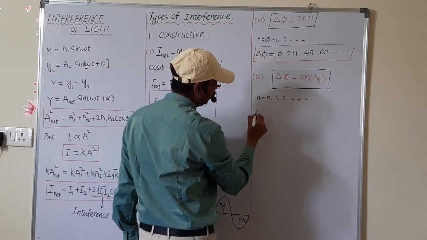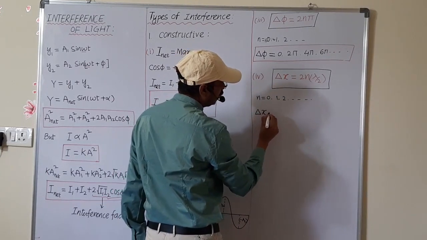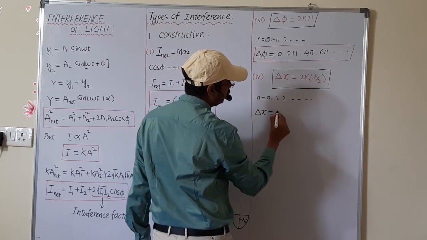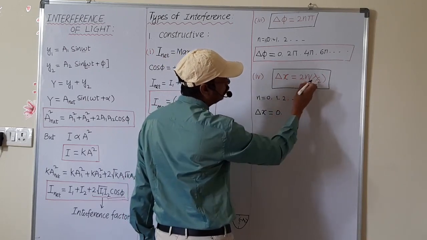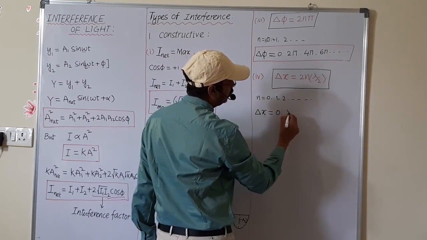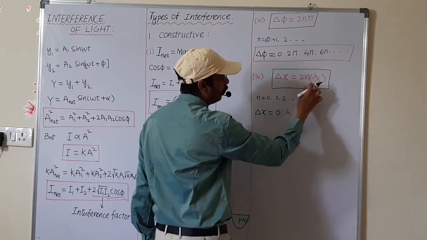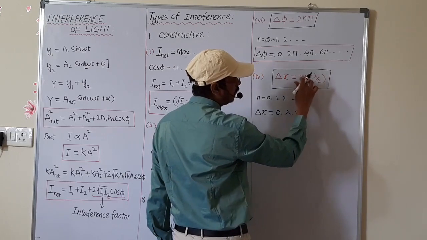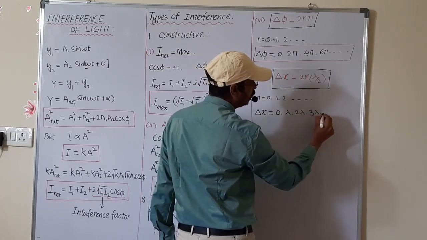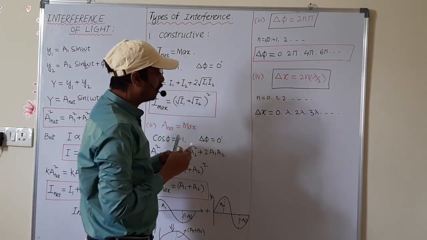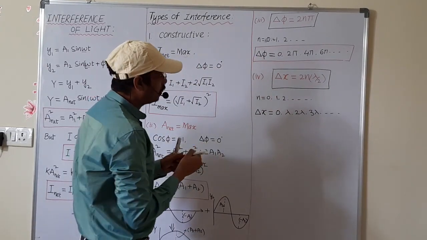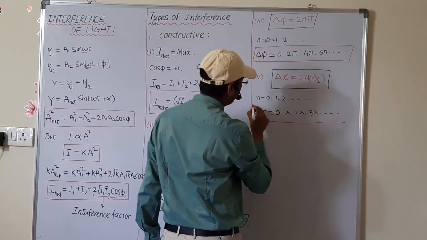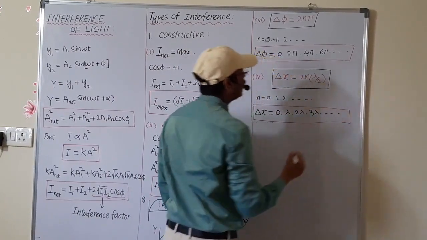If I take n equals to 0, the path difference is 0, n equals to 1 gives lambda, n equals to 2 gives 2 lambda, n equals to 3 gives 3 lambda, and so on. At path differences 0, lambda, 2 lambda, 3 lambda and so on, we get the constructive interference.